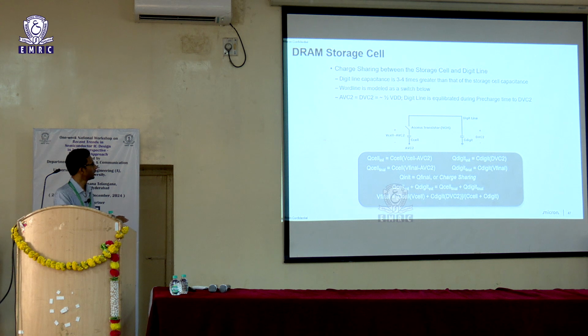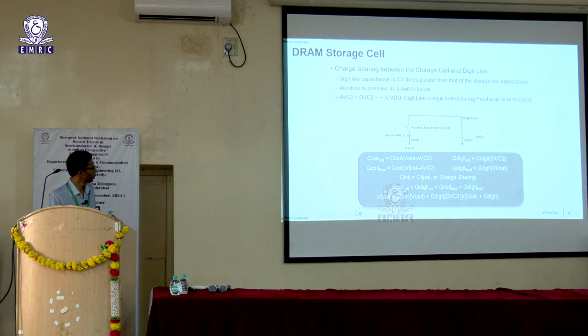Suppose we have a cell that's storing a 1, and the C digit is pre-charged to a certain voltage. When you access this transistor, there is some amount of charge redistribution. If you have stored a 1 here, and a 0.5, which is VDD by 2, here, based on the ratio of these two capacitances, you'll have some amount of voltage bump on this line.